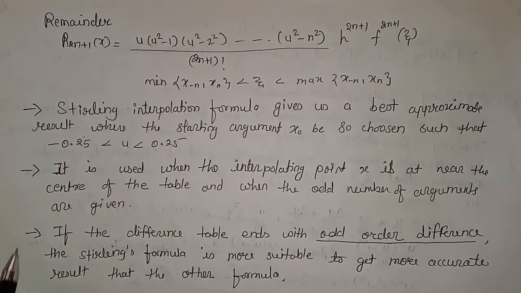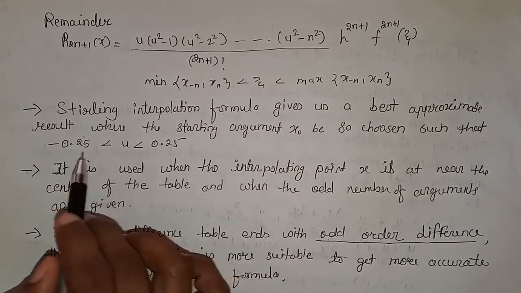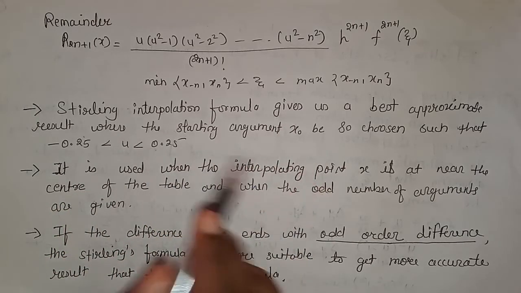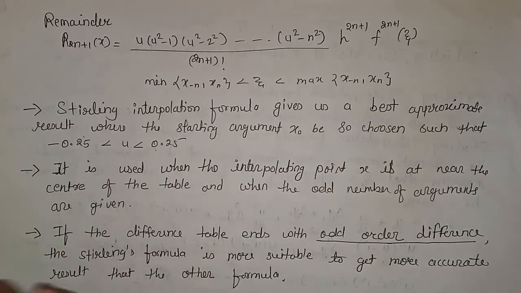Here are the three points which we have to remember while finding any f of x, that is, where we have to use the Stirling formula. The Stirling interpolation formula gives the best approximate result where the starting argument x0 is chosen such that the value of u lies between minus 0.25 and plus 0.25.